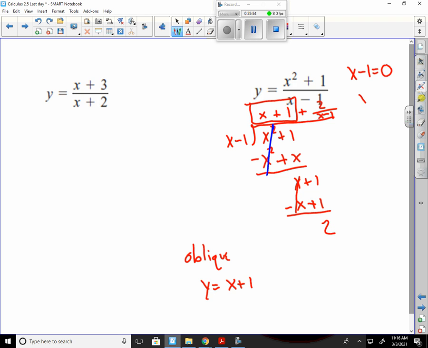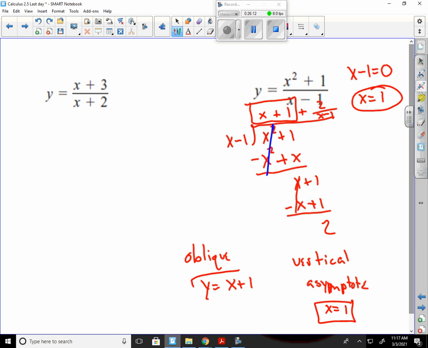Add the 1 over. x equals 1. That's where my vertical asymptote is. Questions? Problems?